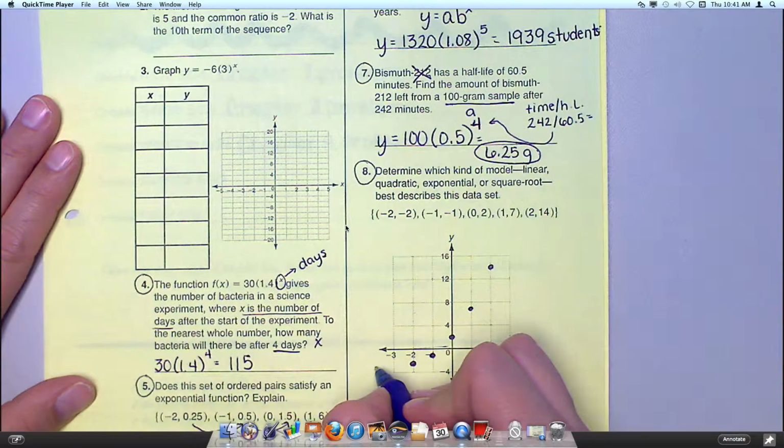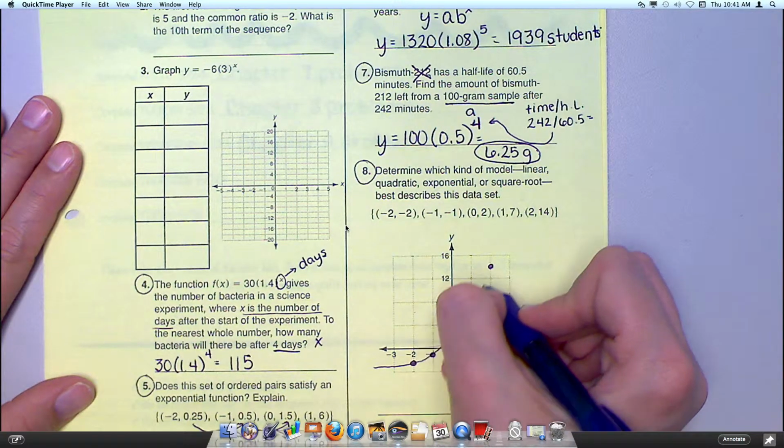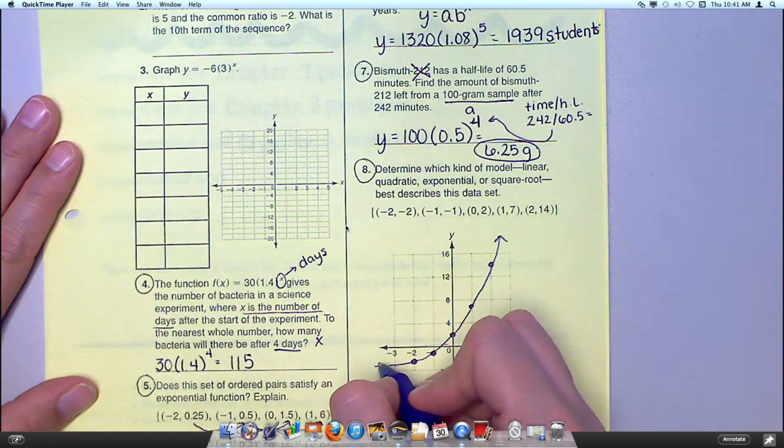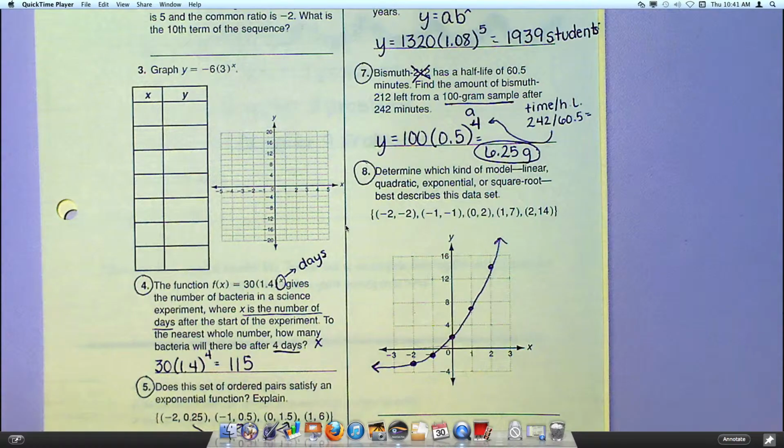Okay, there's something I don't like about this problem too. This is what it should look like. Yeah, except what rule does this break about exponential functions? Okay, here's the thing, and we haven't really talked about this, and I don't want you to worry about it in terms of your exam. Exponential functions by themselves never cross the x-axis.